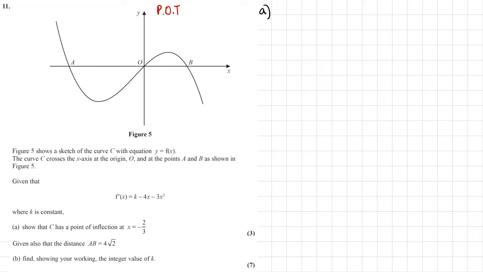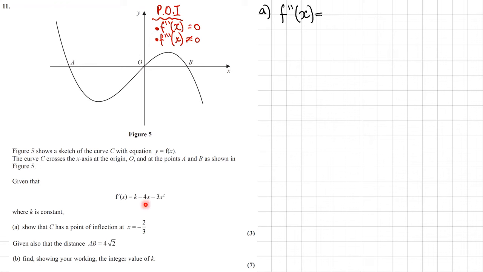One way of showing that you've got a point of inflection is that the second derivative is equal to 0 and the third derivative is not equal to 0. So we'll take the derivative that we've been given, and we'll differentiate it again.